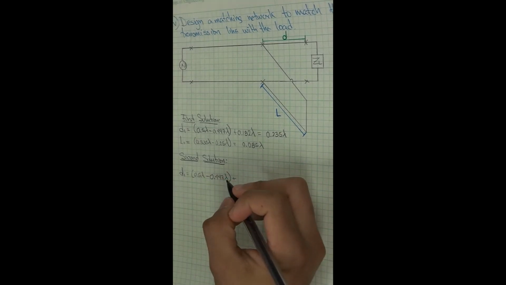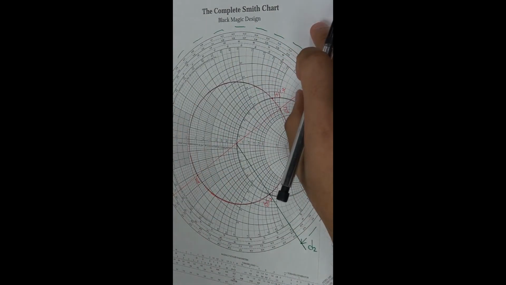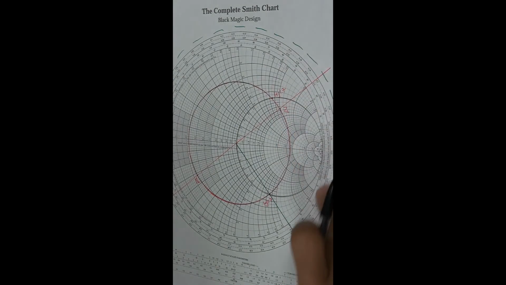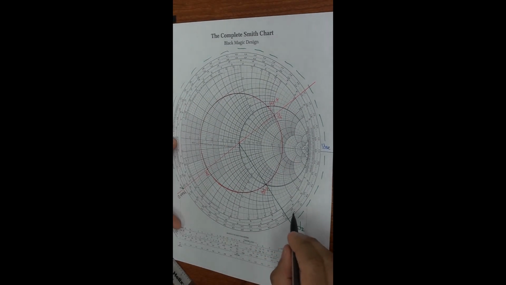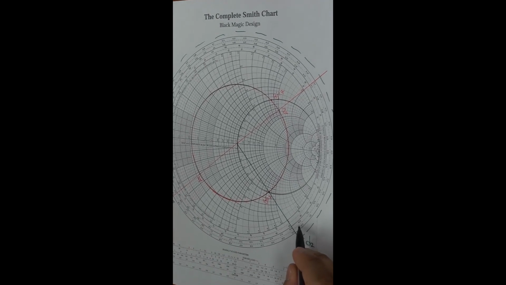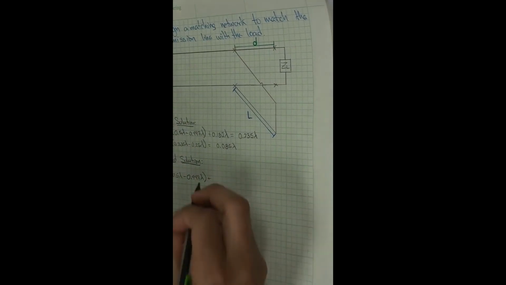plus. Now we don't need to walk only until this position, which was in the previous solution, but we need to walk all the way to here. So we need to know this position as well. Let's look that up. We have 0.31 going towards the generator and 0.032, and we have 4 lines after 0.31. So this position will be 0.312 lambda, and that will be the distance that we need to add in here.